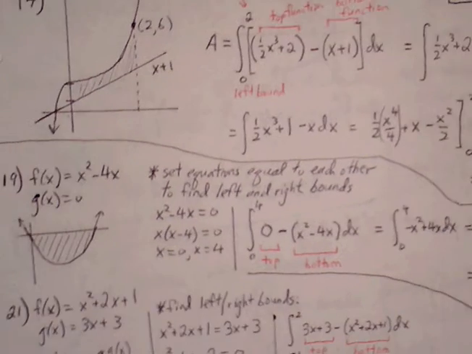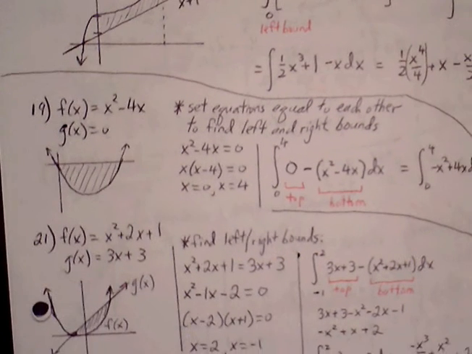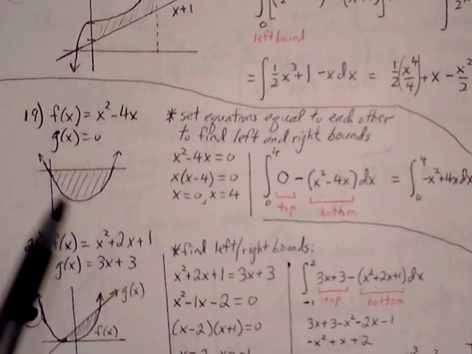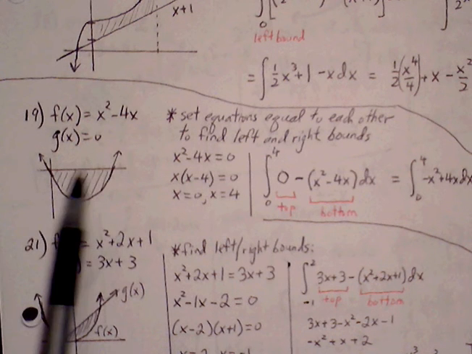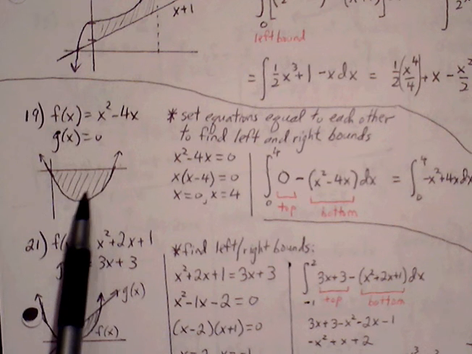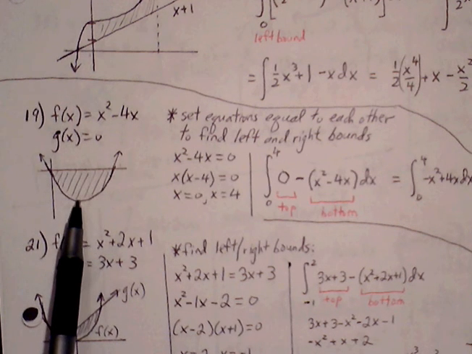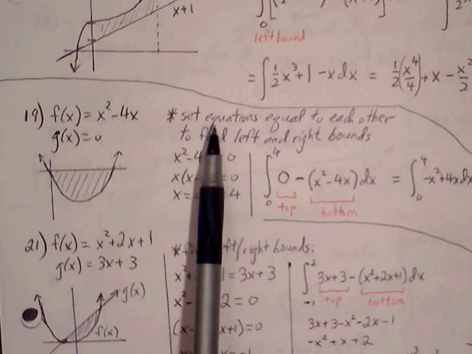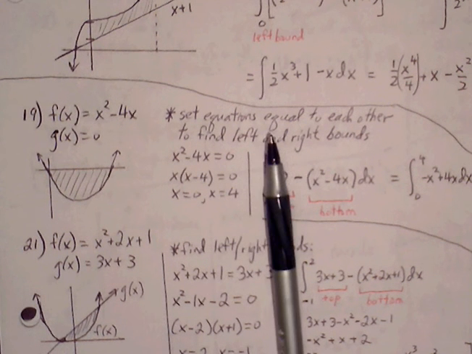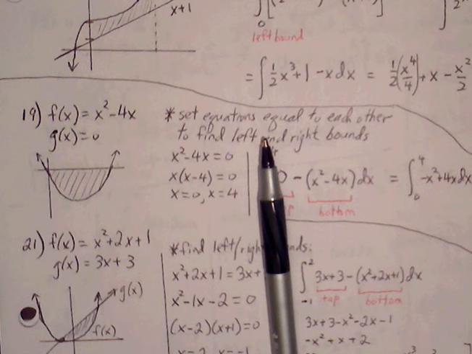All right, number 19. We have our function x squared minus 4x, which is the parabola here, and y equals 0, the x-axis here. We see the shaded region, and we need to find the bounds so we can plug into our formula.